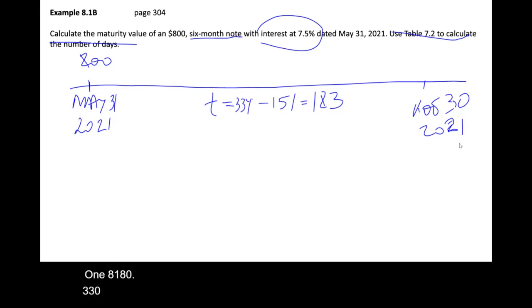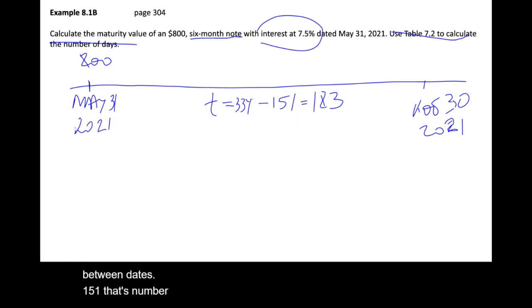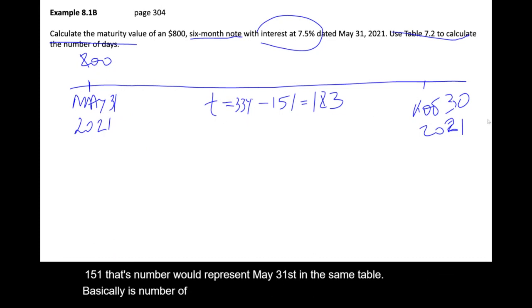334, that's the number that represents November 30th in a table called days between dates. 151, that's the number that represents May 31st in the same table. Basically it is the number of days from New Year to this date.